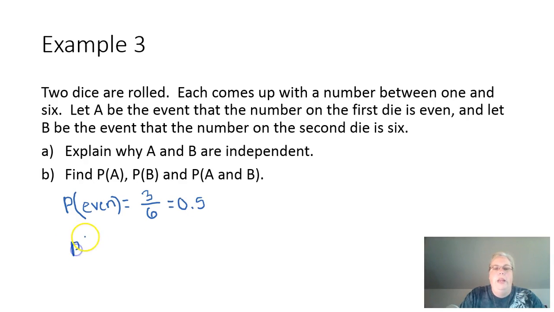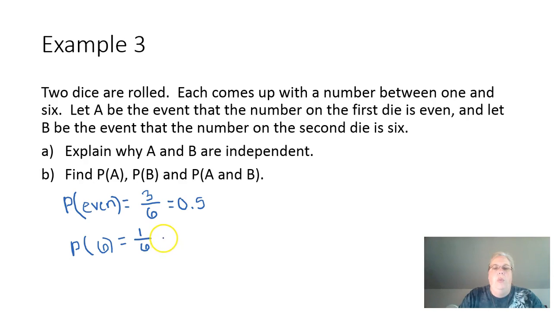The probability for event B, that the number on the second die is a 6, means we want the probability of rolling a 6. Only one of the sides of the die has a 6 on it, so the probability is 1 out of our sample space of 6.